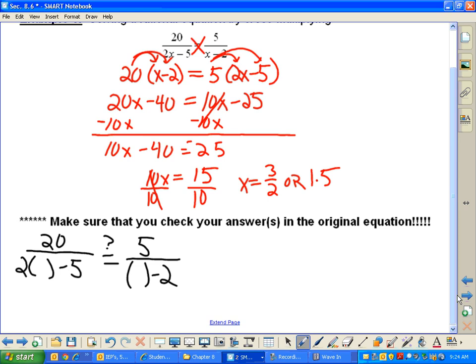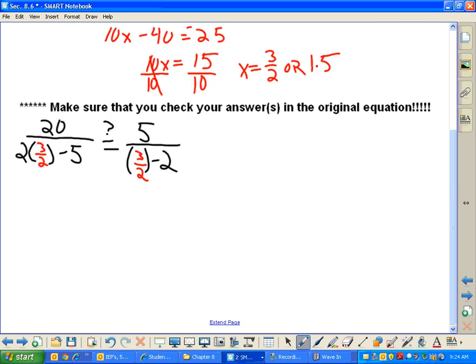So in that blank right now, I'm going to go ahead and maybe plug in 3 over 2, because I like the fractions better when I don't have a calculator handy. And I'm going to go ahead and simplify each of these fractions a little bit. So for instance, I have 20 over 3 minus 5.